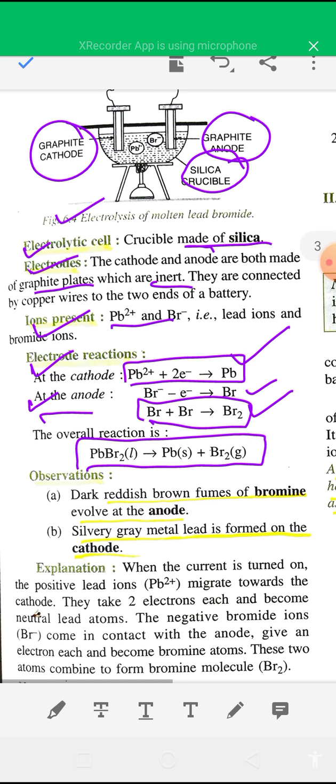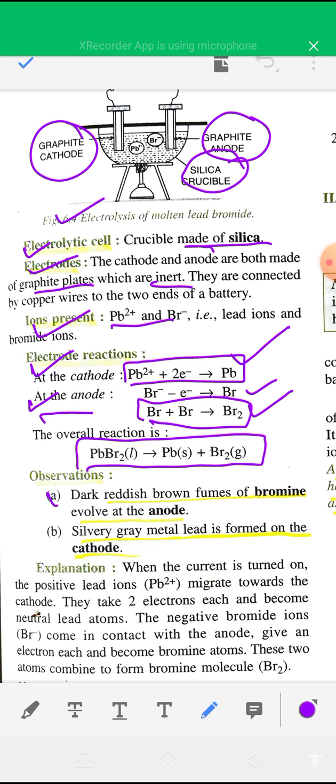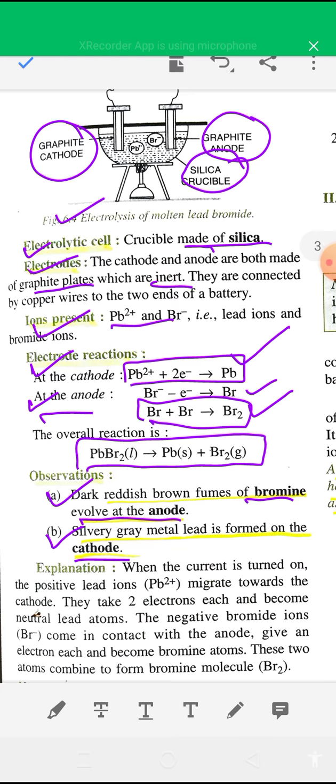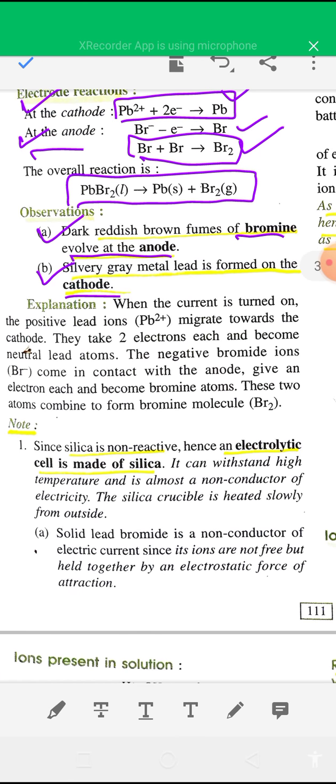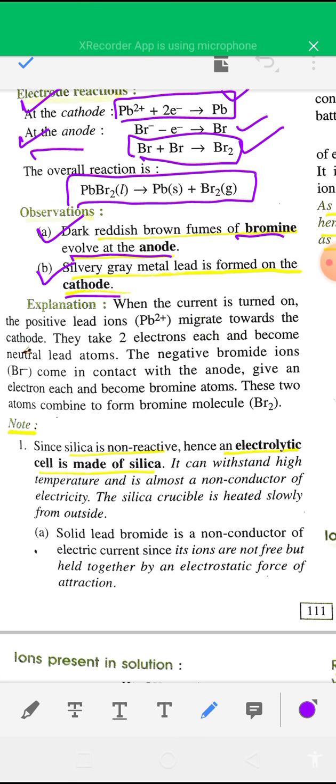So what you will observe: dark reddish brown fumes of bromine evolve at the anode, and silvery gray metal lead is formed at the cathode. These are two observations of electrolysis of lead bromide. Two notes are given here.